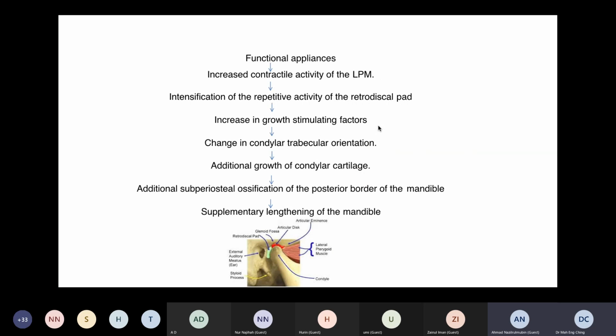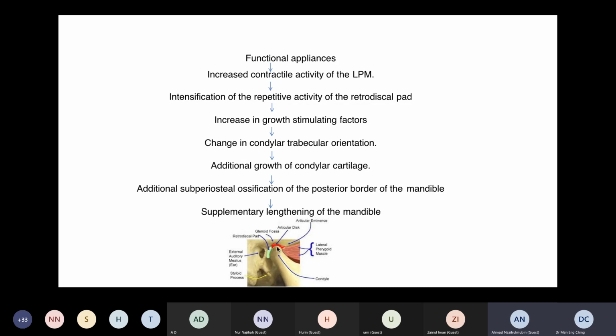So these functional appliances, when you put them in, increase the contractile activity of the retropterygoid muscle, then intensify the repetitive activity of the retrodiscal pack, which is here.